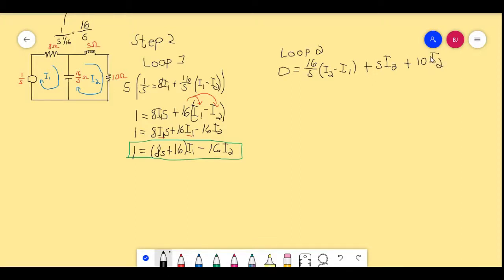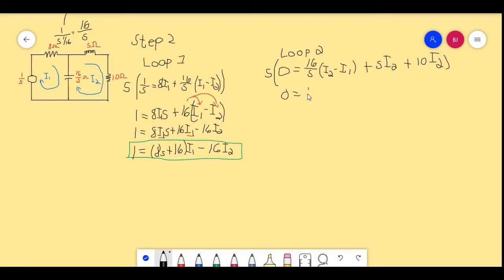Okay. Now, just like what we did with loop 1, we have an S in the denominator. So we have to multiply everything by S. Like that. So this is not 5, this is S, so this would be 0.